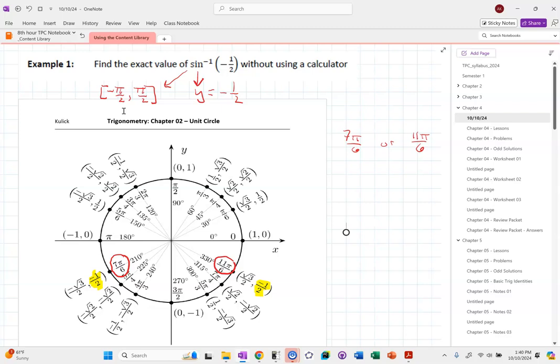Since they were too big, we are going to be subtracting, and because we're looking for a coterminal angle, it's going to be 2 pi, right? 2 pi is 360 in radian speak. So I'm going to do 7 pi over 6 minus 2 pi. In order to subtract those two numbers, what do I need to do?